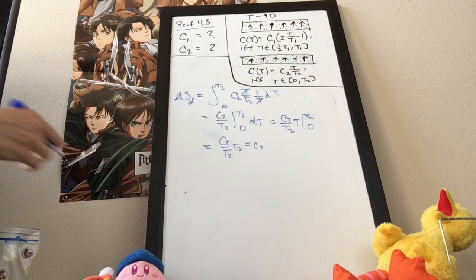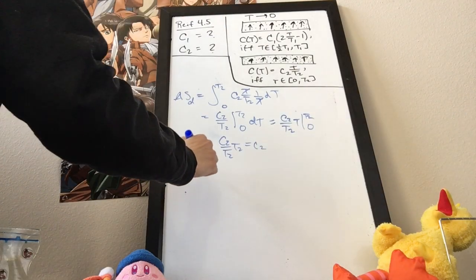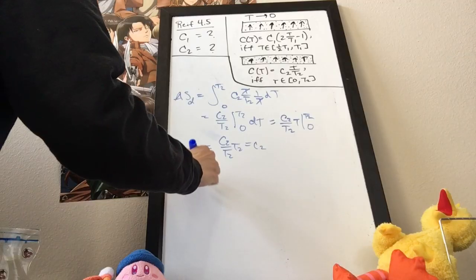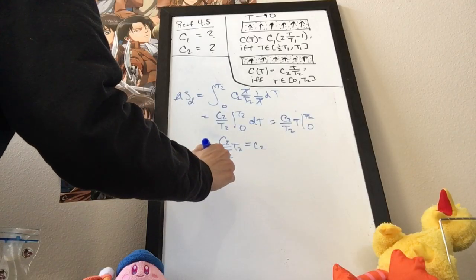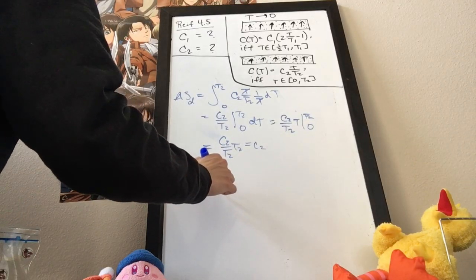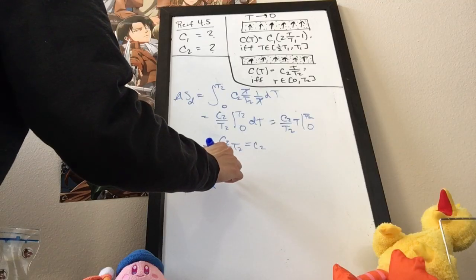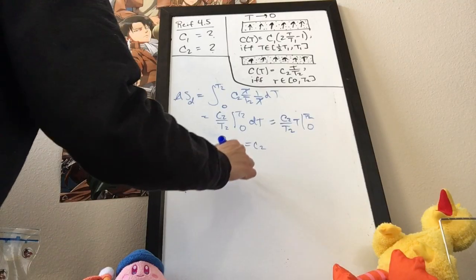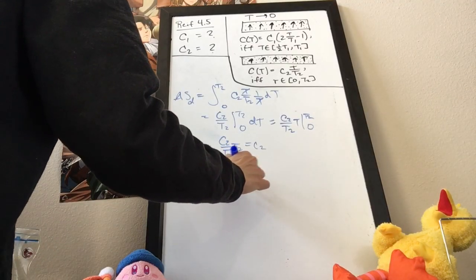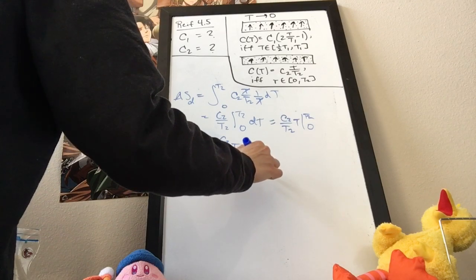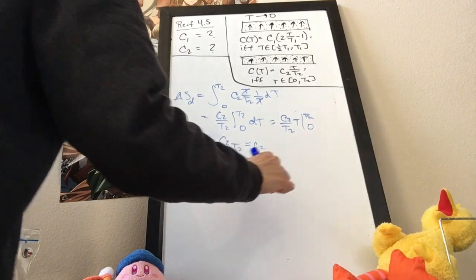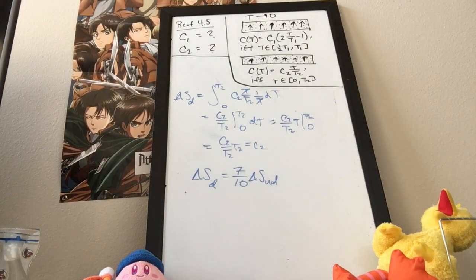So what I mean by that is that we can set our diluted entropy, or our undiluted entropy. No, I'll do diluted. Entropy is equal to 7/10 of our undiluted entropy. What does that mean? Why am I writing it as a ratio like this?